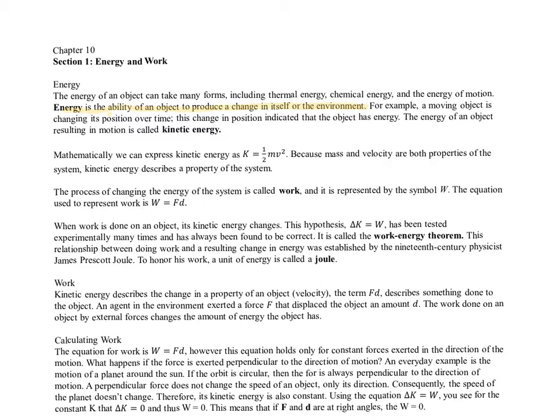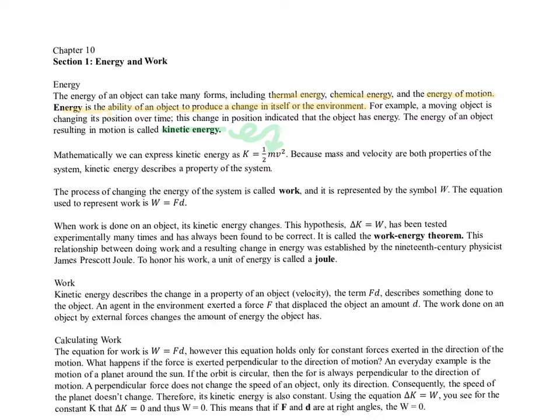It could also be thermal energy, chemical energy, or the energy of motion, which is, of course, called kinetic energy. This is one of those things that we learned all about in physical science. So our equation is the same.